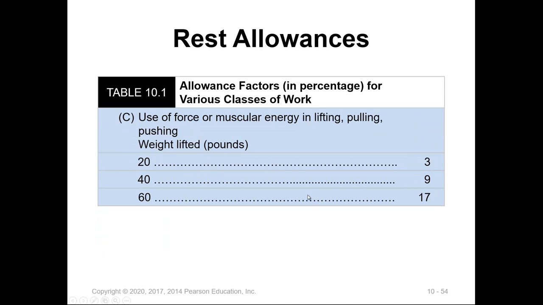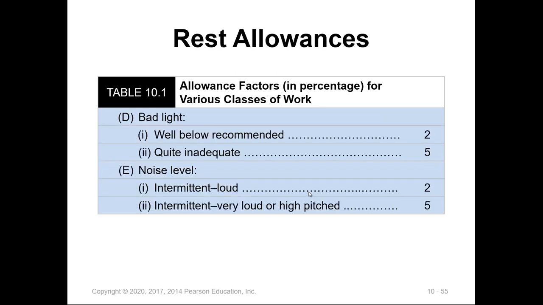We also have a table that shows the allowance factor for the use of force or muscular energy in lifting, pulling, pushing, in different weights in pounds. And the table on this slide shows allowance factor for bad light and the noise level.